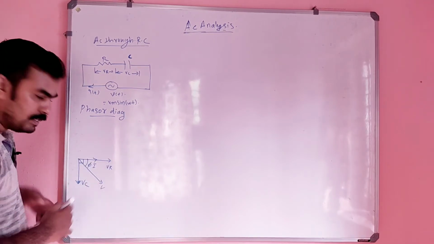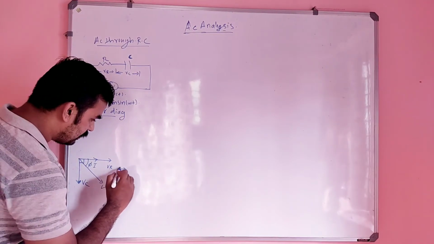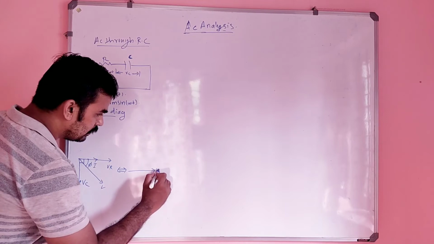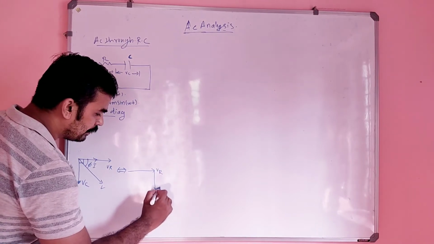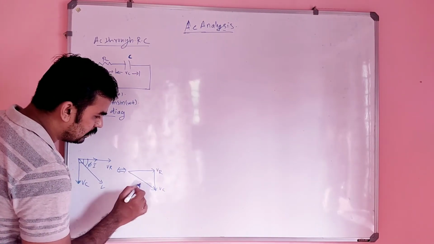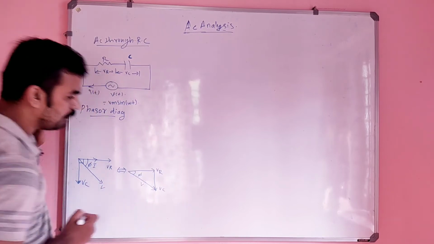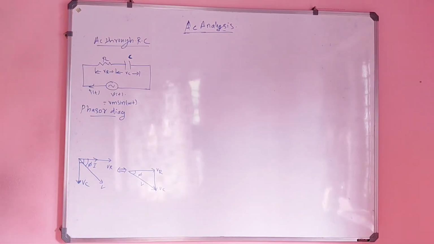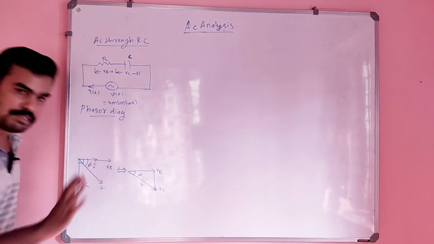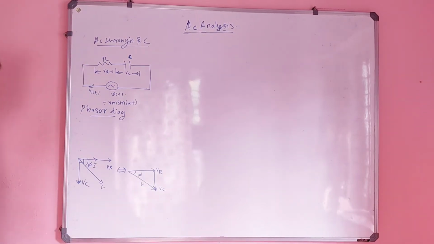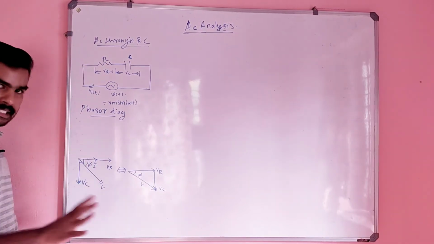I will simplify this phasor diagram: this is VR, this is VC, this is V, and this is phi. That is the voltage phasor diagram.